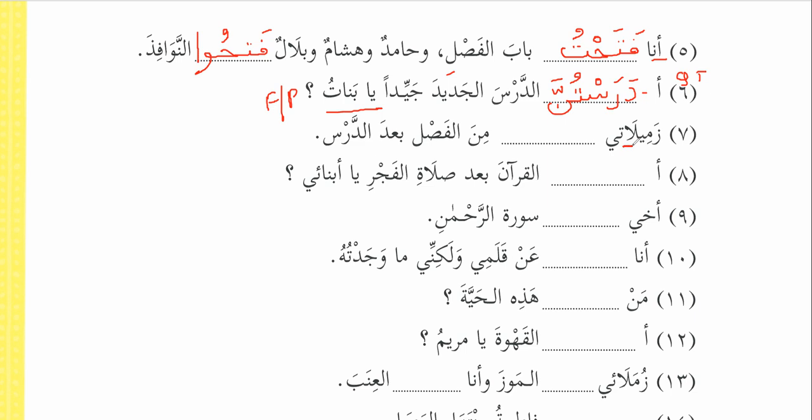Zamilati, it is feminine plural, we are not mukhatib. So go back to the ghaib feminine plural noonun niswa. Here we use tunna in mukhatib, now we are using noonun niswa. So let's see. Zamilati dash min al fasli ba'da darsi. So what can they do? Leave the class. So kharaja.